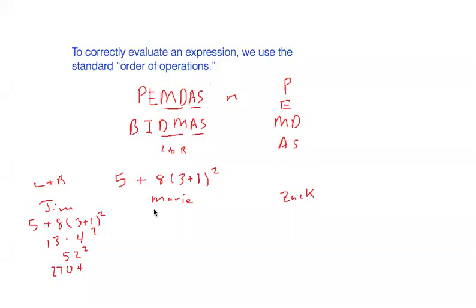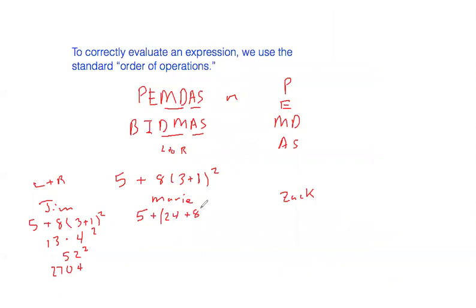Now, Marie thinks there's something to do with multiplication that has to happen first. She's not quite sure what to do with the squared, so she's going to distribute the 8 and then square it. So she ends up with 5 plus 24 plus 8, and then she's got to square this.